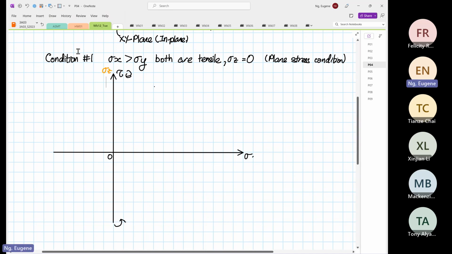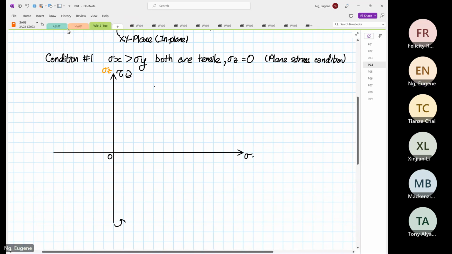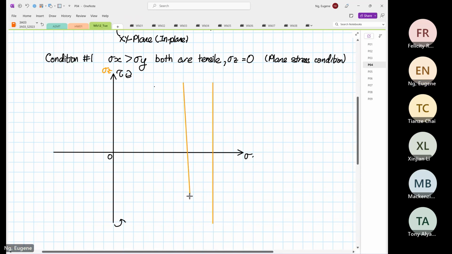And then we know that stress X is more positive than stress Y. Right. So this is our stress X line. And then this is our stress Y line. Okay.